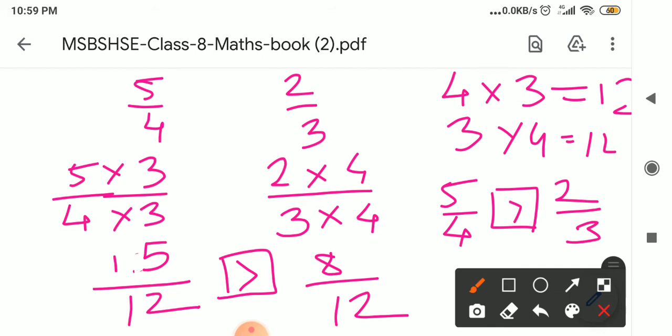So if such types of questions come, compare the given rational numbers or fractions. At that time, you have to make the denominators the same, and then compare the fractions and use the rules I told you previously. Note down this example, then we will move towards the next question.